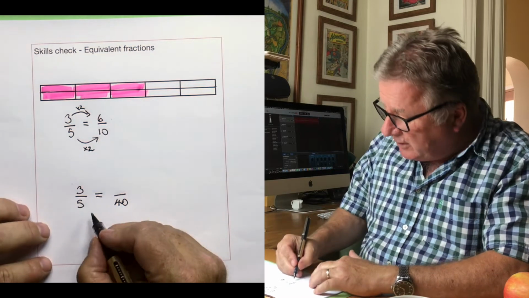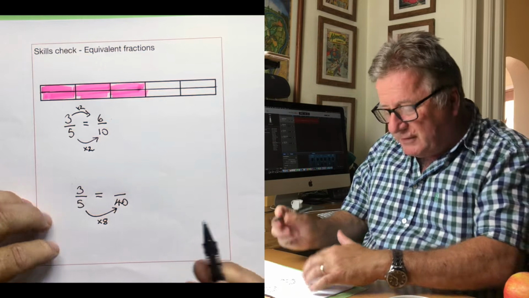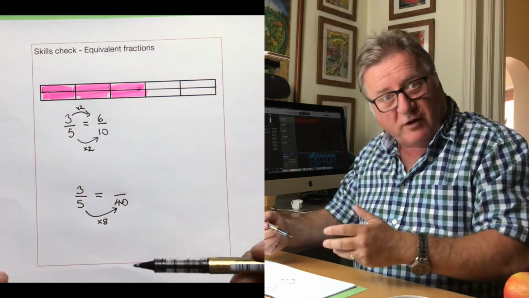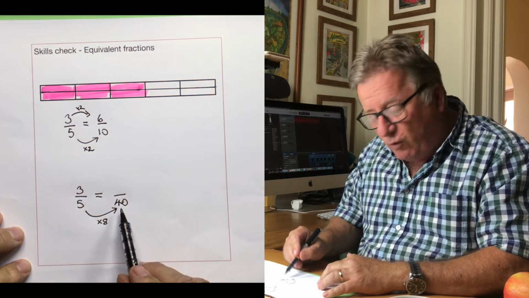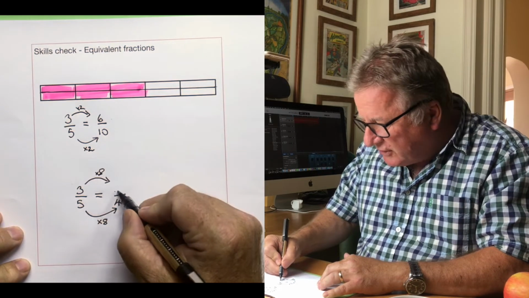It goes in 8 times. I'm multiplying by 8. The principle we've established, whatever you do to the top, you do to the bottom, and vice versa.